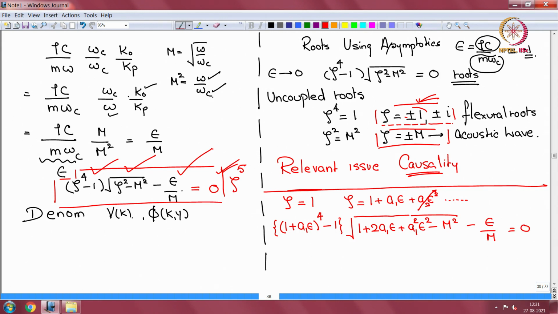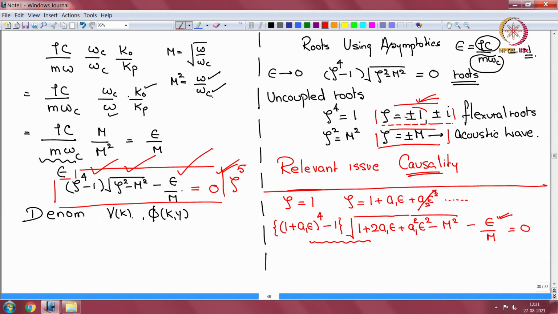So in order for this to be balanced, I should find a term that has epsilon only in it as a coefficient. Only then can I balance this term because it has only epsilon in it. So we are doing order balancing.